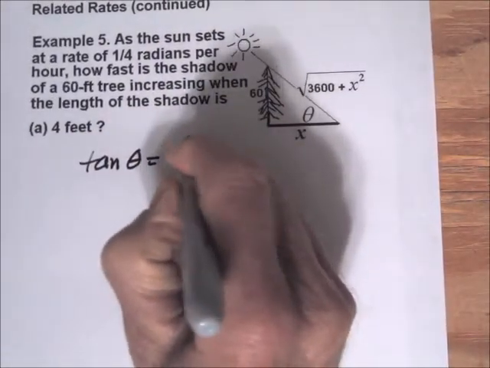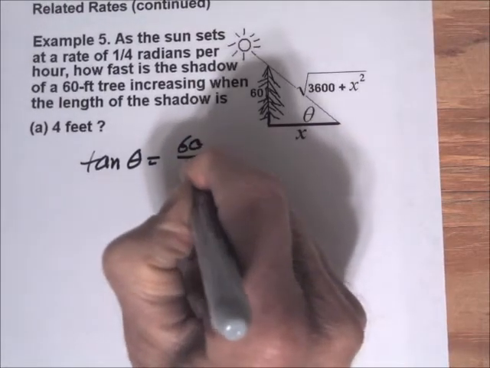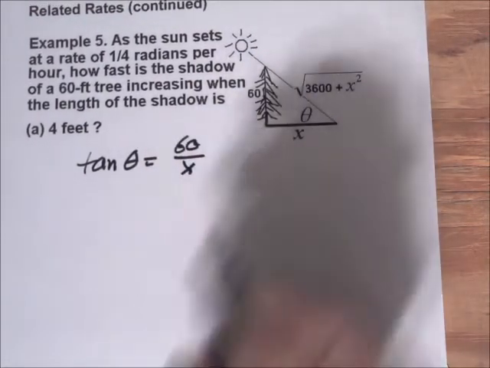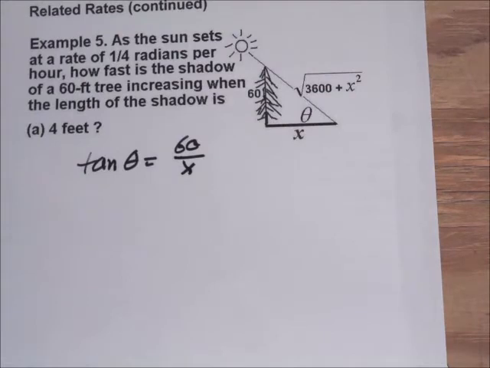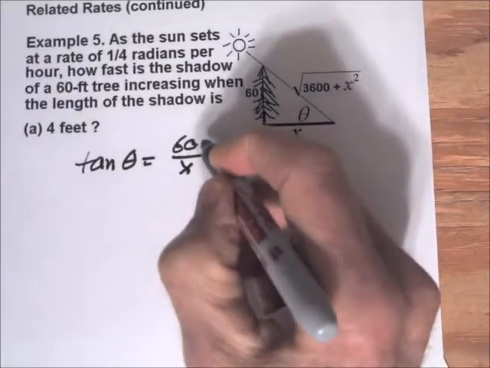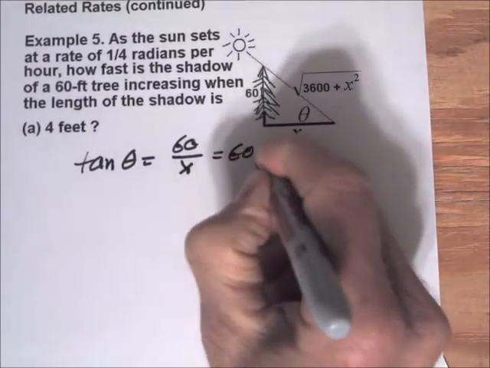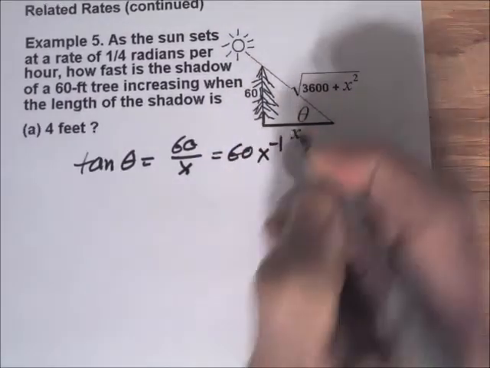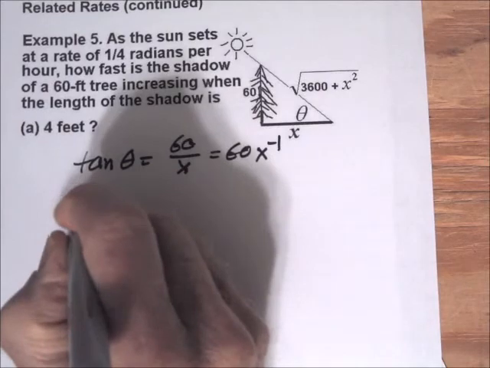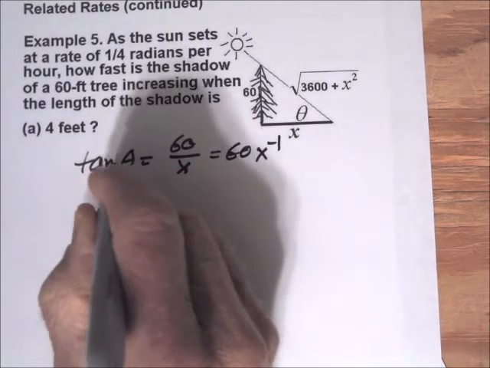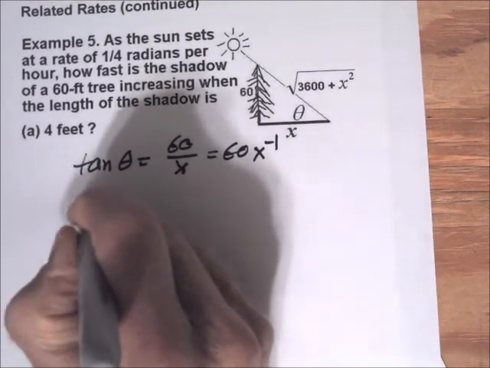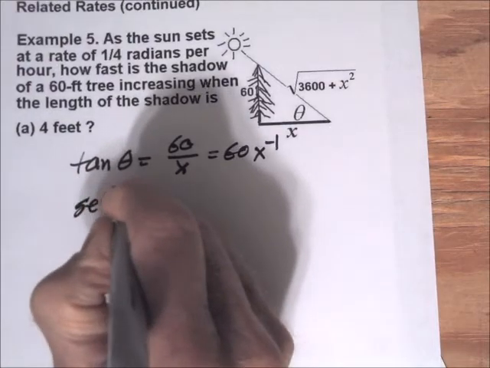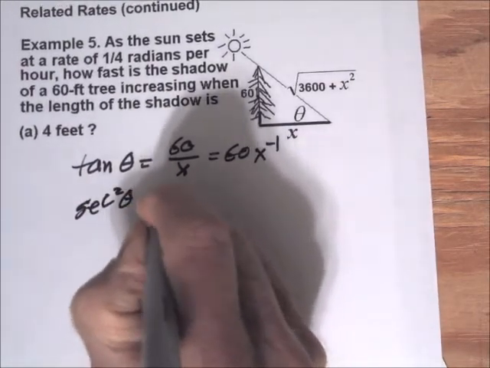So we need some kind of formula relating theta and x, and the tangent function is convenient enough here. We can write that as 60 times x to the negative 1 power, and then we want to take the derivative. So the derivative of tangent is secant squared, times d theta dt.